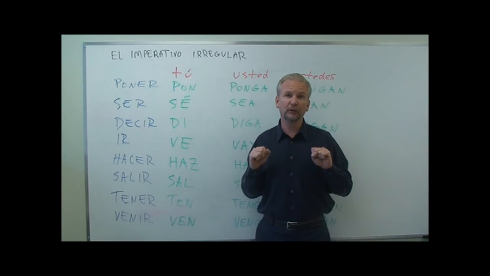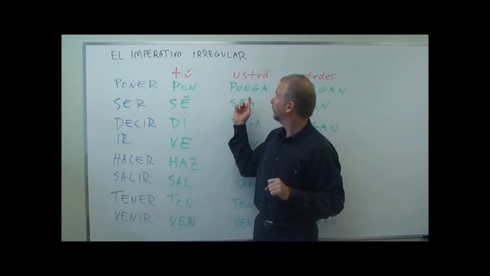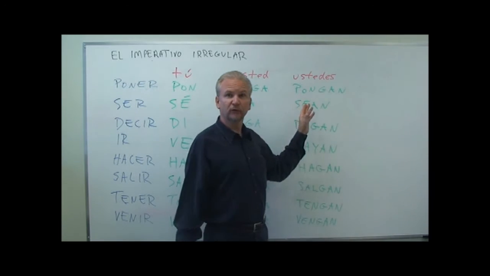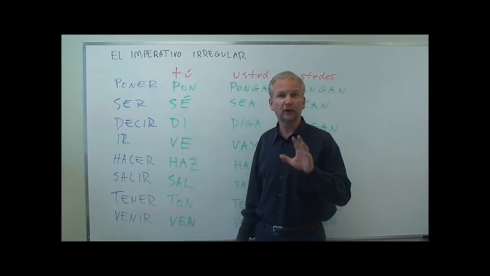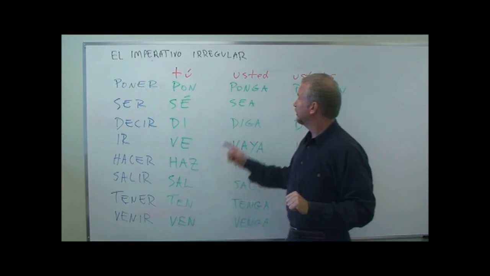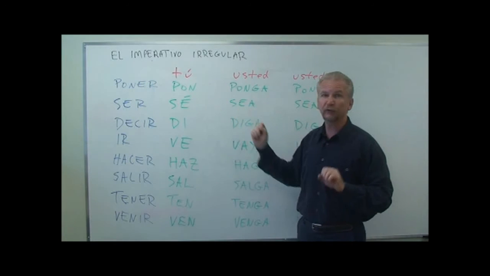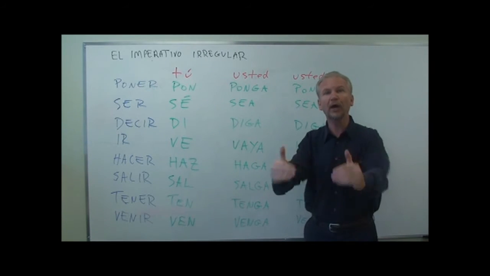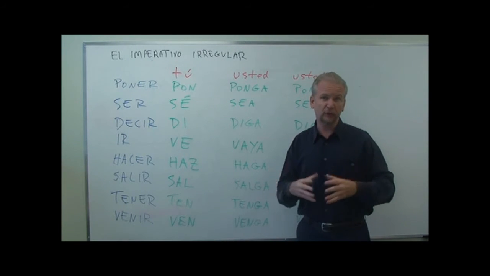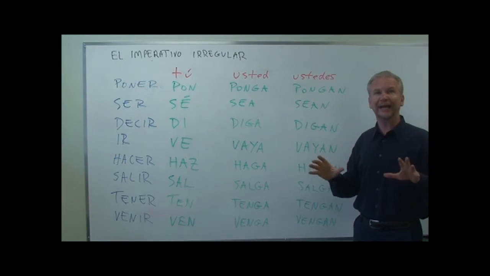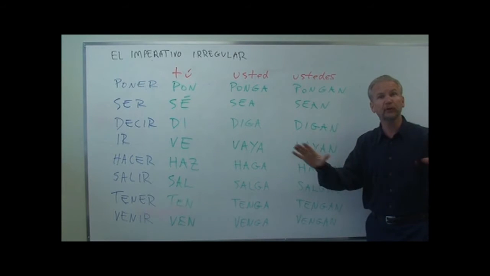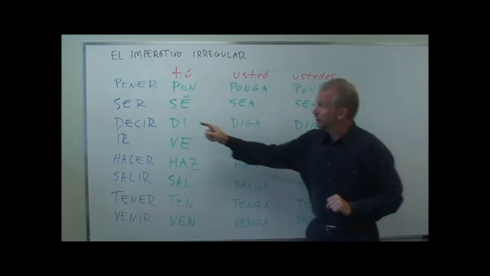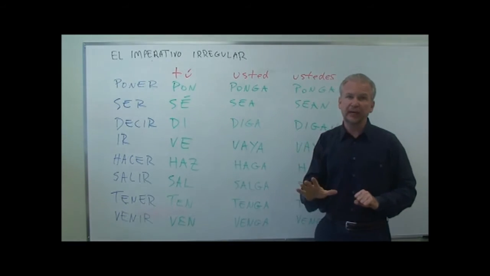Now for the formal command for usted and the plural command for ustedes, basically we take the tú forms, or the irregular ones, and we change the spelling. So poner, to place or put, would be ponga. Put, if you're saying it to usted, o pongan sus libros en la mesa. Put your books on the table if it's a plural group. The verb ser would be sea.